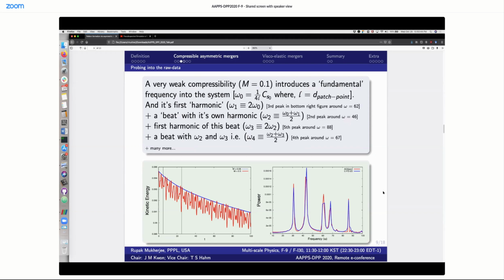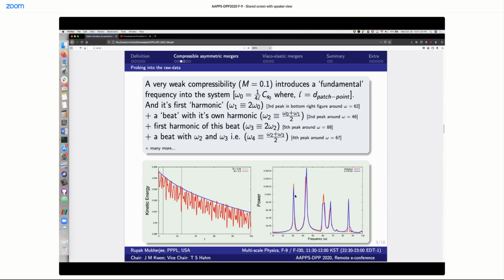Before we go there, let's do a standard power spectra analysis and see which sort of modes are there. If you take the power spectrum of the kinetic energy, we see that there are mainly 5 modes present in the system, and we can characterize them like this: if we call it a fundamental frequency, which is omega 0, then this is omega 1, which is the harmonic of this.